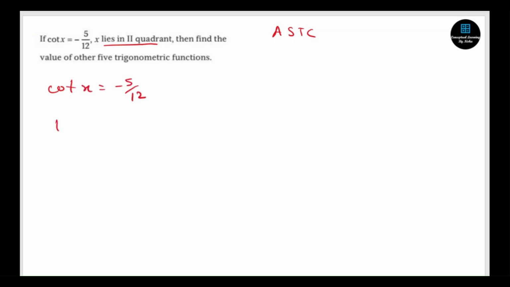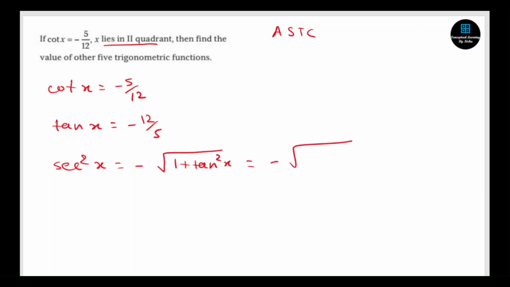So what I can say, tan x is negative 12/5, correct? Then I'll get the value using sec square x equals, sec is negative, so I can say minus of 1 plus tan square x. You have to show this, okay?